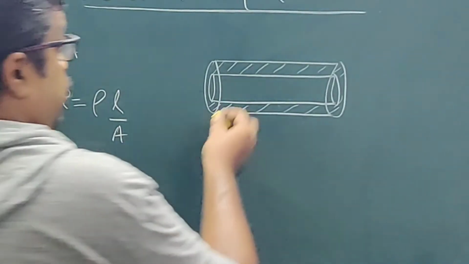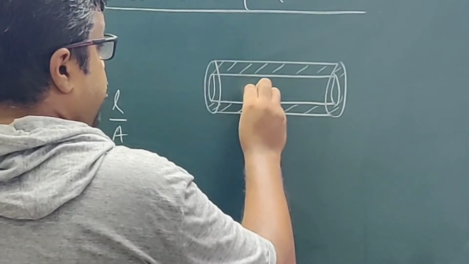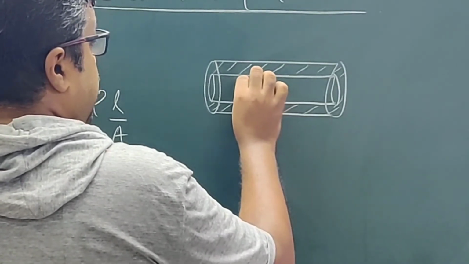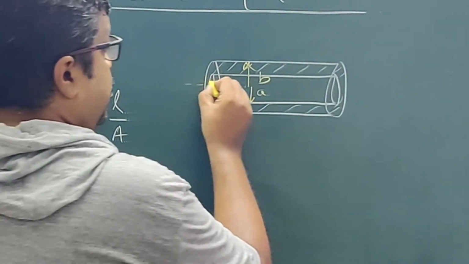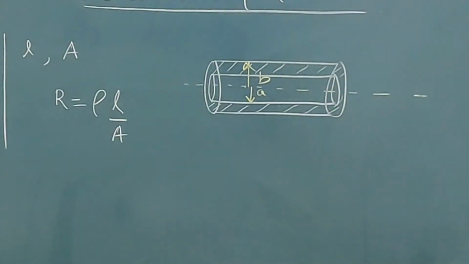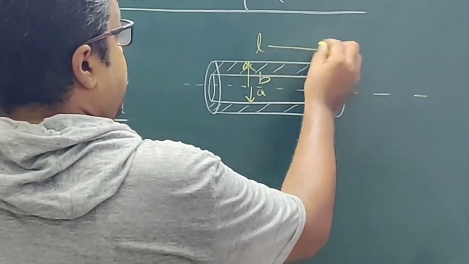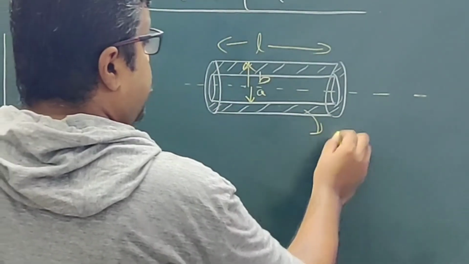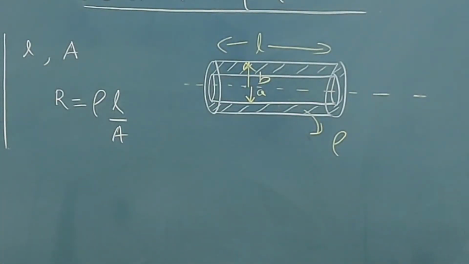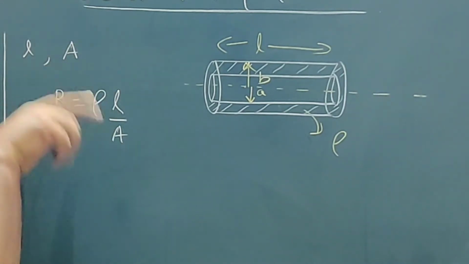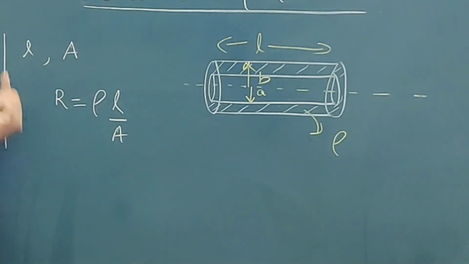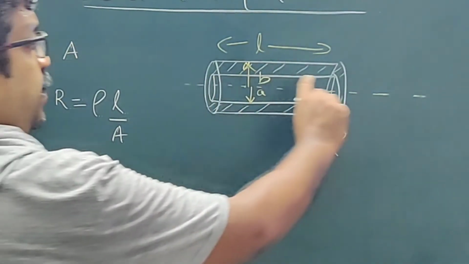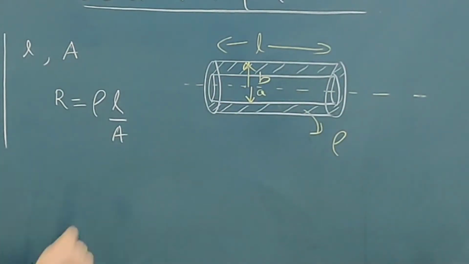Suppose the inner radius is A and the outer radius is B. This is the axis, and L is the length, and this material has resistivity rho. This cylinder is also cylindrical, but that one is entirely solid. Here, this is the hollow part.